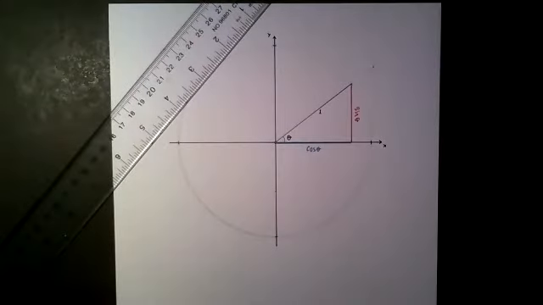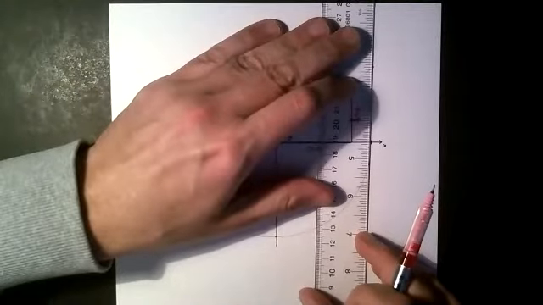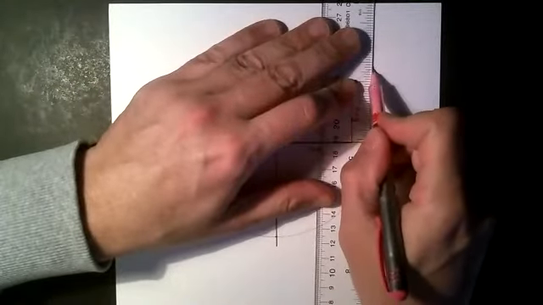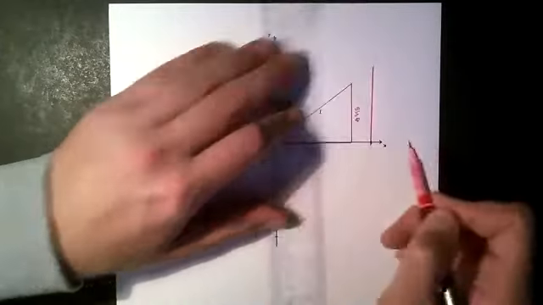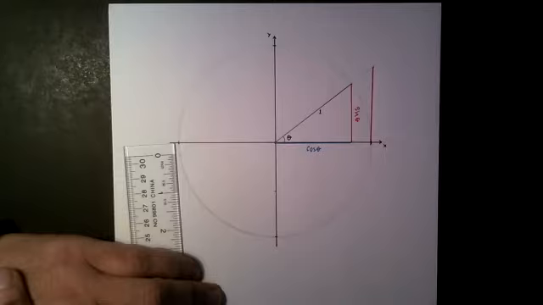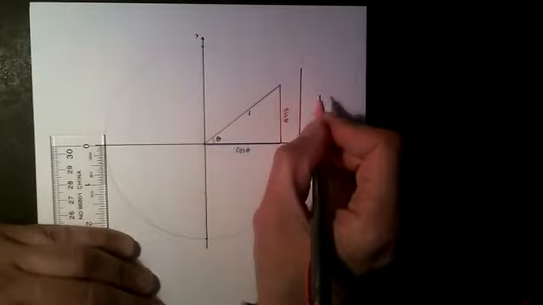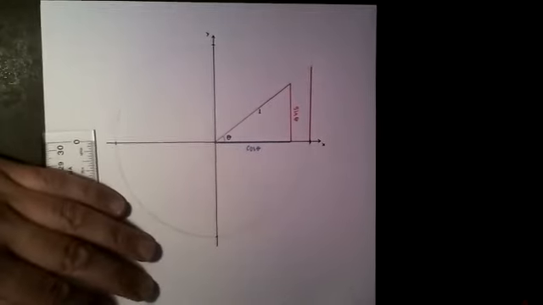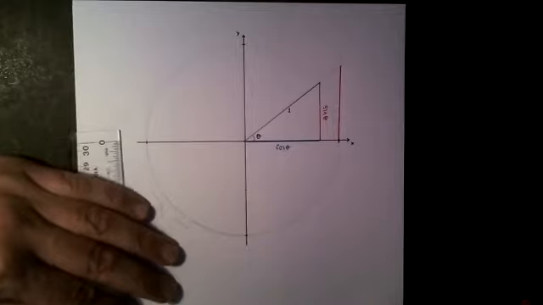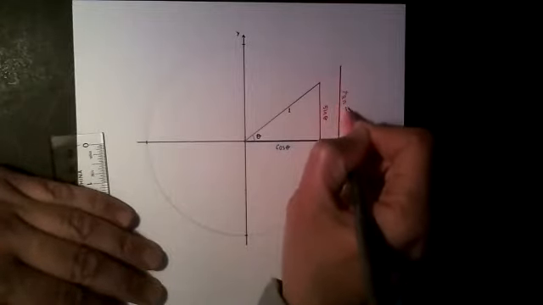And this measure here, how do we call this? This is called the tangent of theta. Very good. So this is called the tangent of theta.